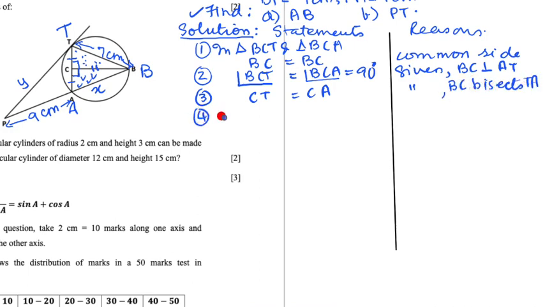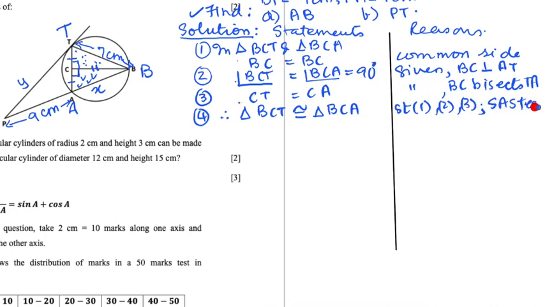So the fourth statement will be, therefore these two triangles, triangle BCT is congruent to triangle BCA, and that is from statements 1, 2, 3 and SAS test for congruency.